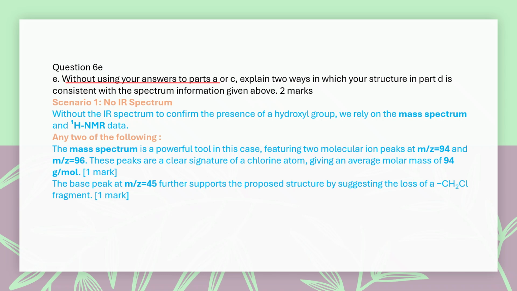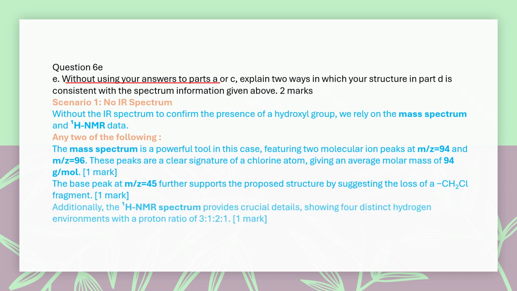The base peak at m/z equals 45 further supports the proposed structure by suggesting the loss of a CH2Cl fragment. Additionally, the 1H NMR spectrum provides crucial details, showing 4 distinct hydrogen environments with a proton ratio of 3:1:2:1. This includes a 3H signal, which is consistent with a methyl CH3 group.